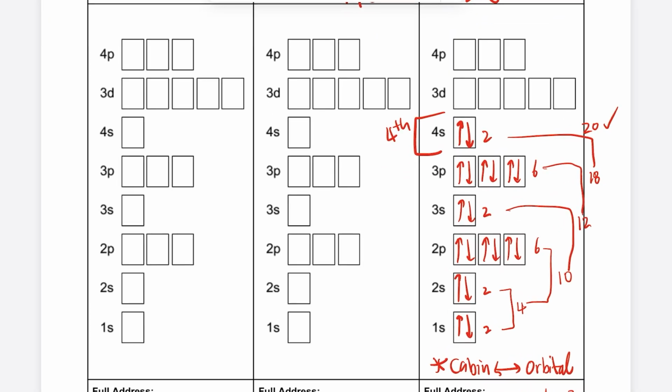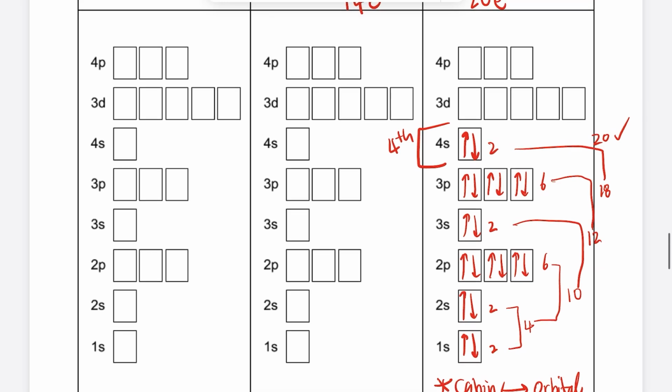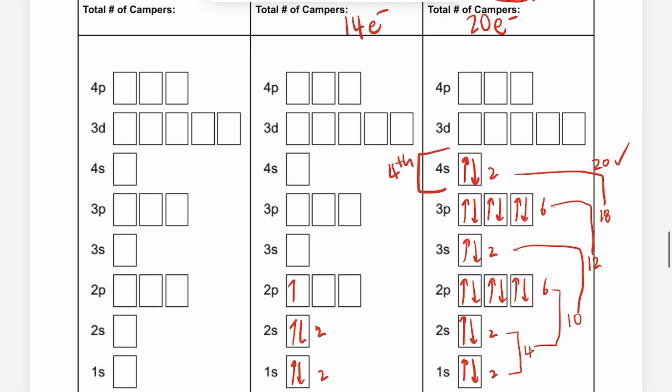Go bottom up, right? So 1, 2, that's 2 electrons. 3, 4, that's 2 more. 5, 6, 7, 8, 9, 10. So that's 6 electrons right there. I need to distribute 4 more electrons. Ready? So 1, 2, 3, and 4.